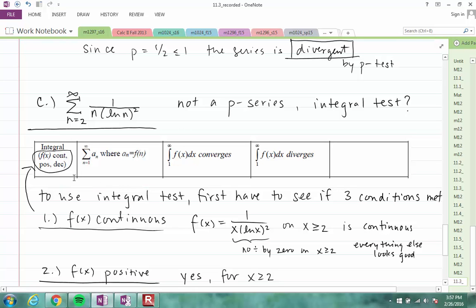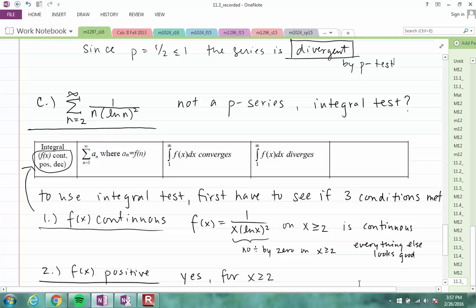We're supposed to see if f of x is continuous, positive, and decreasing. So going in order here, my f of x is just replacing n with x, and we're looking specifically for x greater or equal to 2 because that's our starting point.